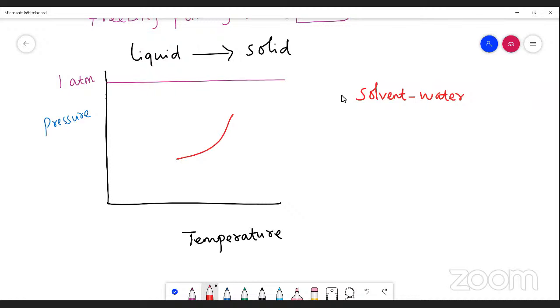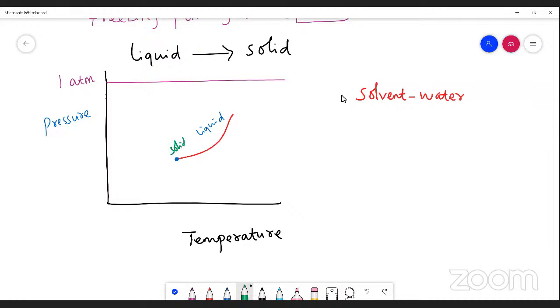Now it is understood that the water is going to freeze. At this point, it is going to be converted into solid. At almost this area, the existing liquid form, at this point, is converted into solid form.